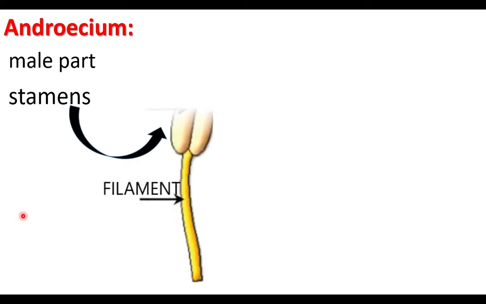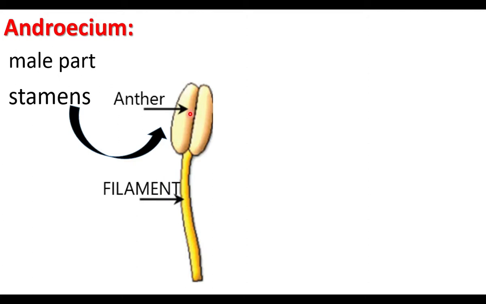Androecium is the male part of a flower. It is made up of stamens. A stamen has 2 parts. The basal thread-like part is called the filament. At the top it has the anther. Anther and filament are the 2 parts of a stamen.